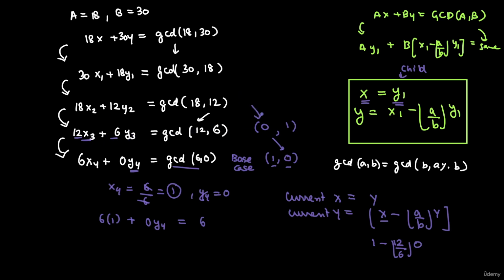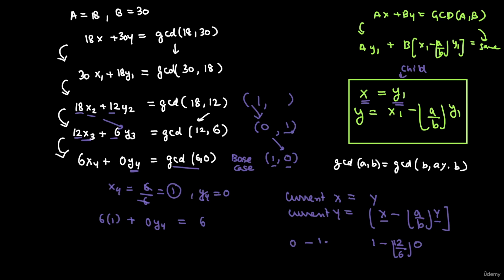Now we need to find out the x and y for this equation. So x2 would be nothing but, that would be equal to y3. So x2 would be nothing but 1. Okay. And if you put this value as 1, then what should be the y? So the current y should be equal to what? X minus, so x is 0, minus a by b, so 18 by 12, that is 1, into y.